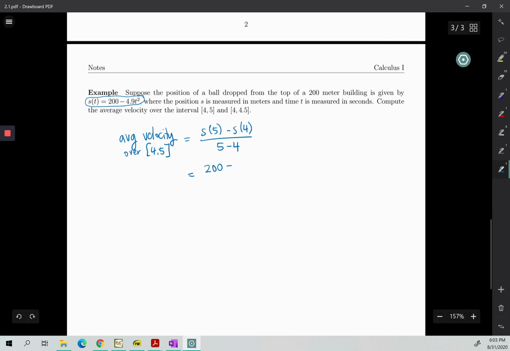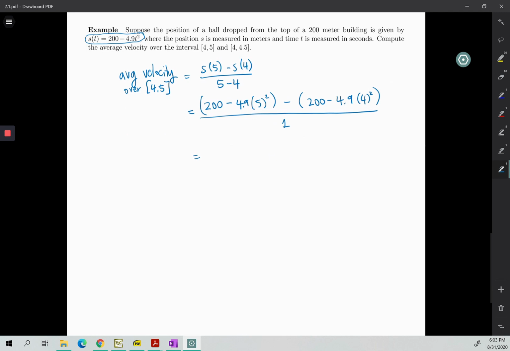So 200 minus 4.9 times 5 squared. I'm going to put that in parentheses. And then 200 minus 4.9 times 4 squared. Right? And then 5 minus 4 is just 1.